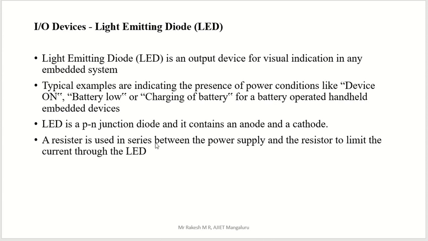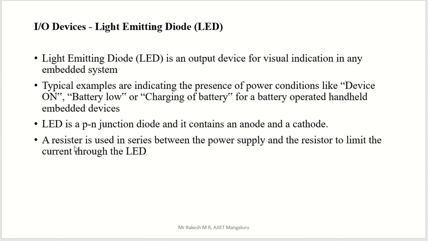So here a PN junction is used, that is a diode, and it contains an anode side and a cathode side. You know which one is positive and which one is negative, right?